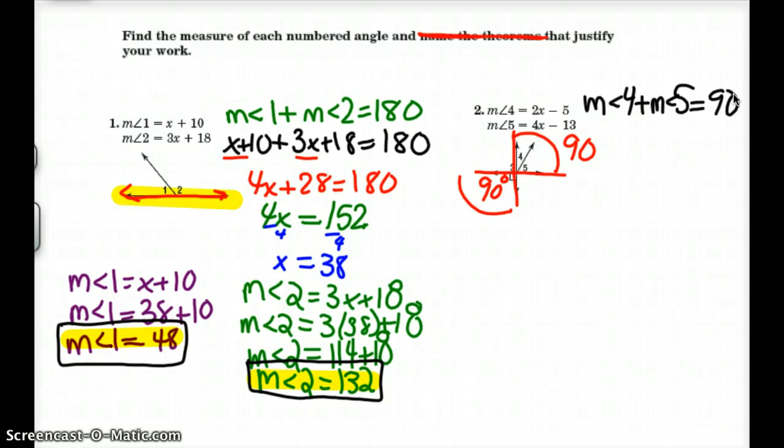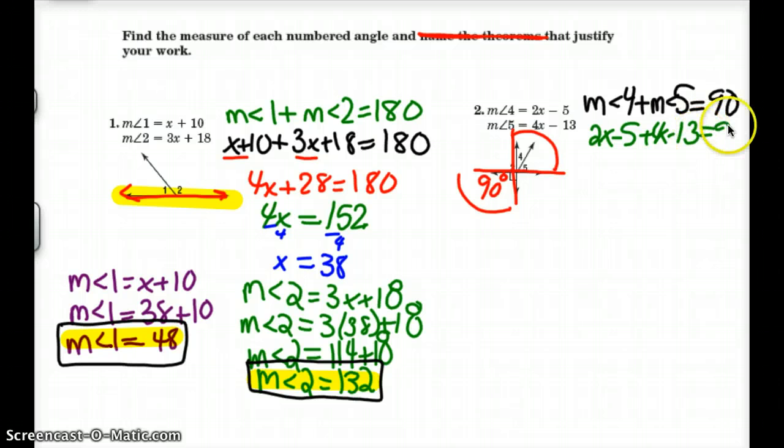Next thing I'm going to do is move this out of the way. Oops, that's not going to work. Gotta take this out of the way, guys. So now I'm going to plug in my expressions. Angle 4 is 2x minus 5. Angle 5 is 4x minus 13. And that equals 90. Now I'm going to add my like terms together.